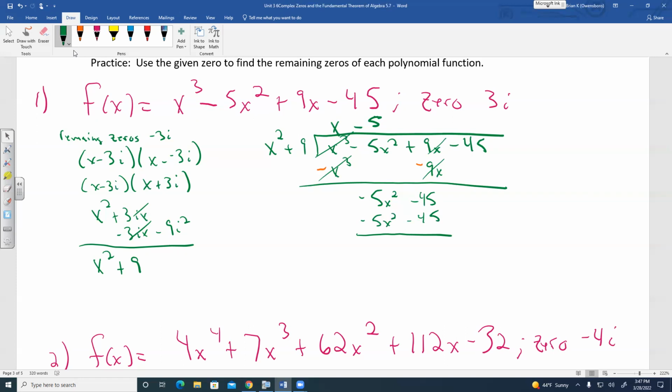So remember, we are subtracting, so these signs have to change. That turns into positive, that turns into positive. So that means my remainder is a 0. If my remainder is 0, then x minus 5 is a factor. So x minus 5 is my remaining factor.